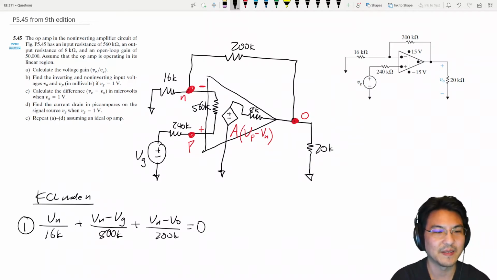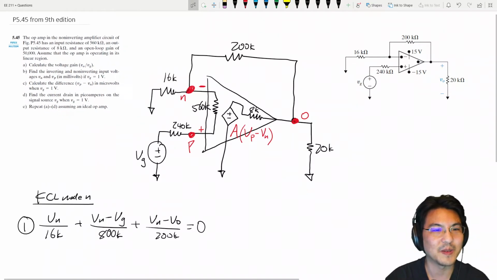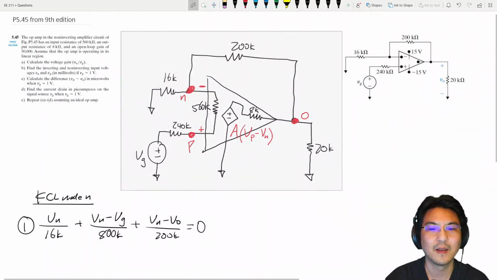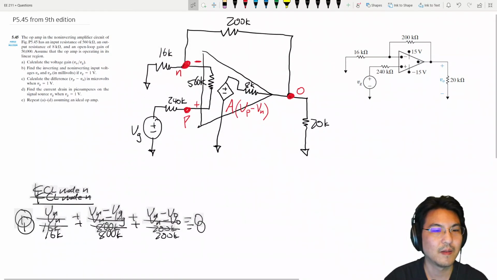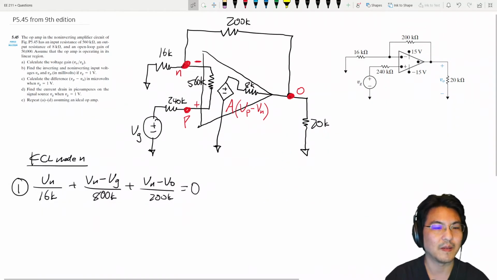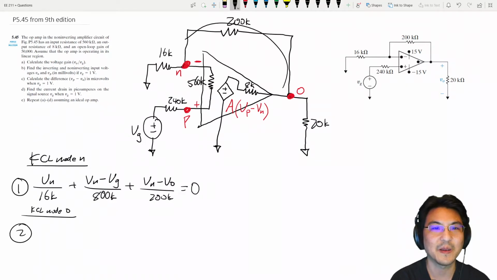Now let's write KCL for node O. Right, let me make a little bit of space. Okay, so for node O, this will be a second equation. Okay, so let's go this way.